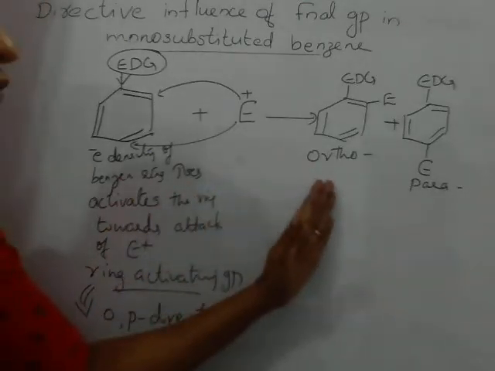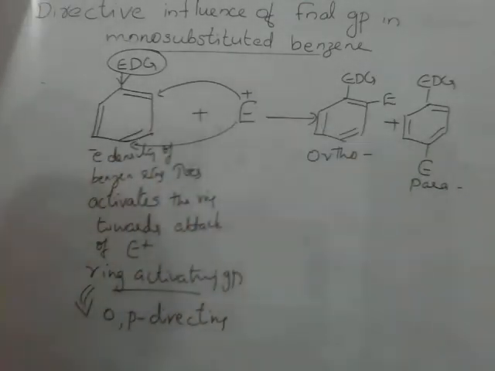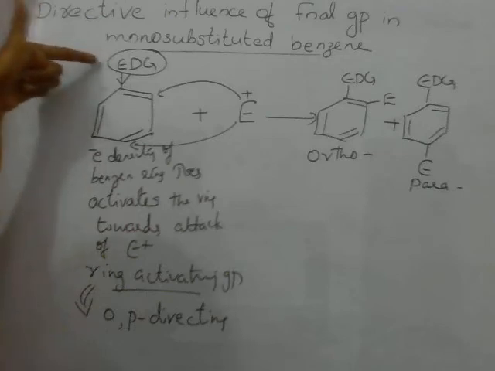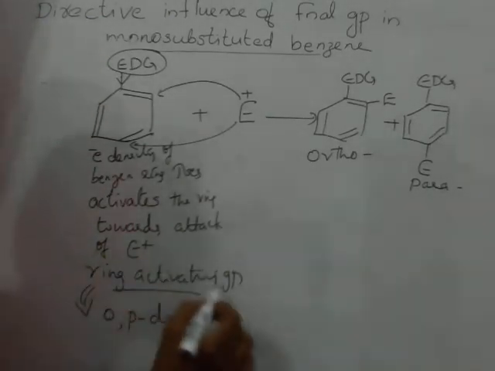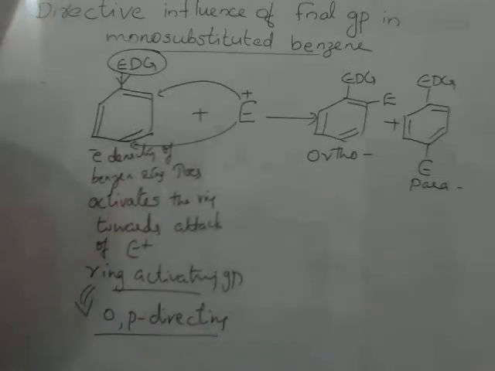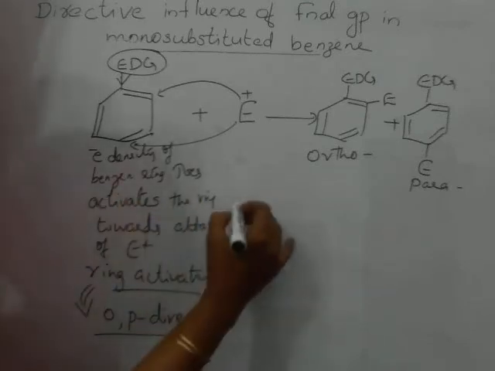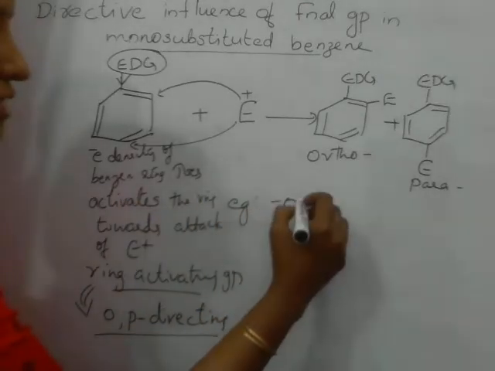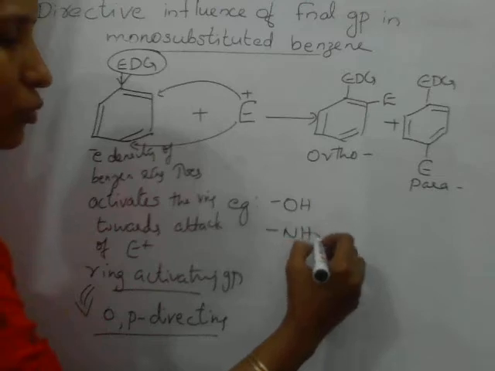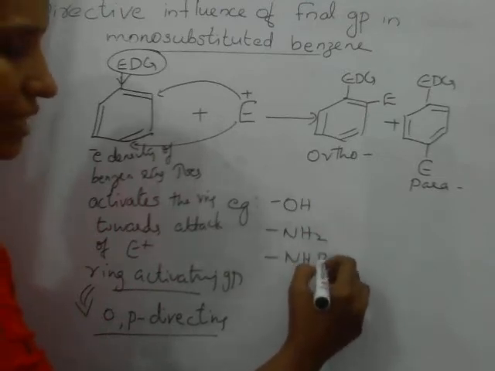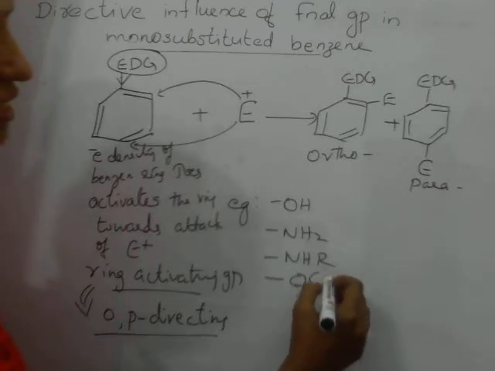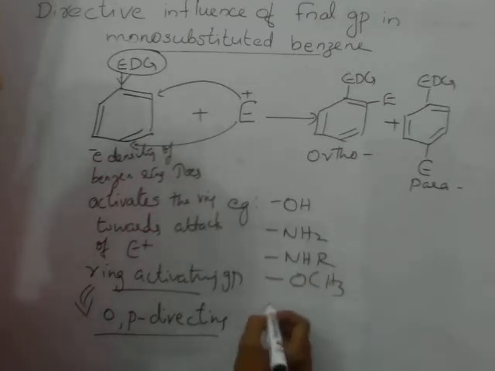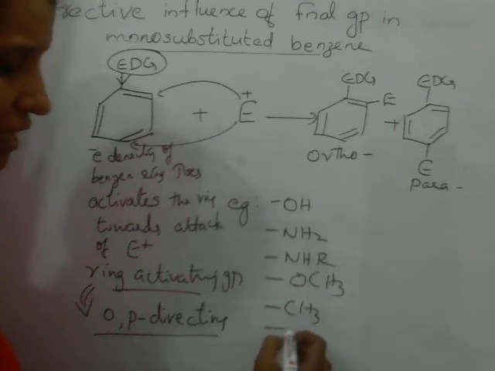We get a mixture of ortho and para-substituted products if the group attached to the benzene ring is electron donating. It is a ring activating group and ortho para directing group. Examples are OH group, NH2 group, secondary amino group, OCH3 group, alkoxy group, alkyl groups like methyl, ethyl.